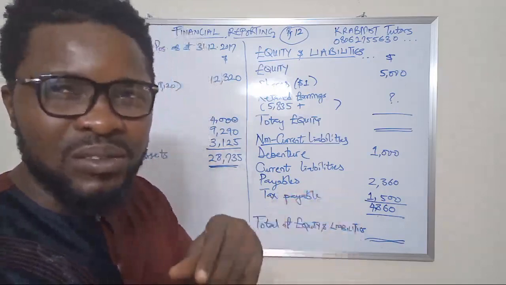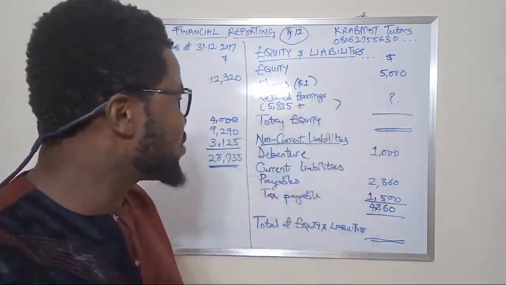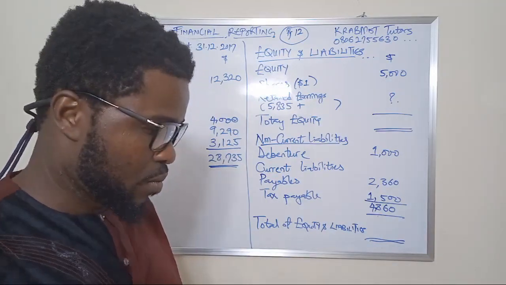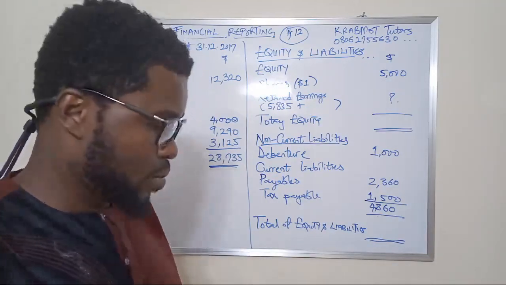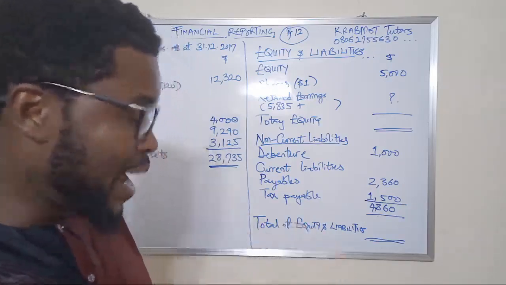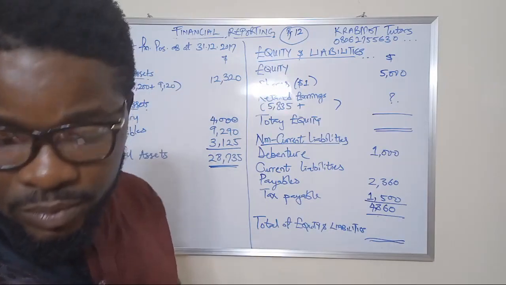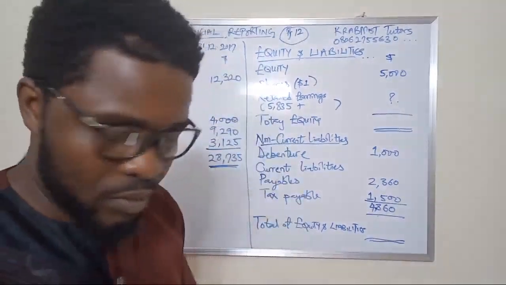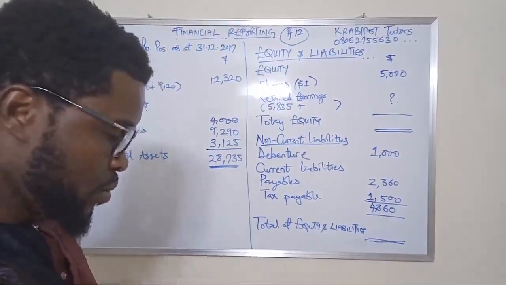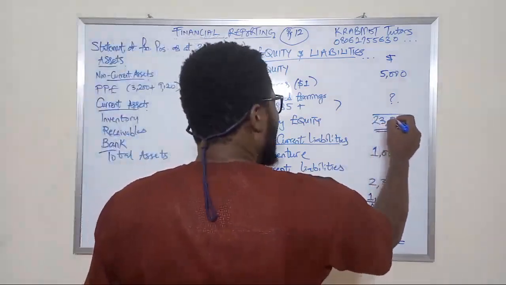This is just for your sharp tricks. These are tricks for you. No, wait. 28,735 minus 4,860. That will give me 23,875.